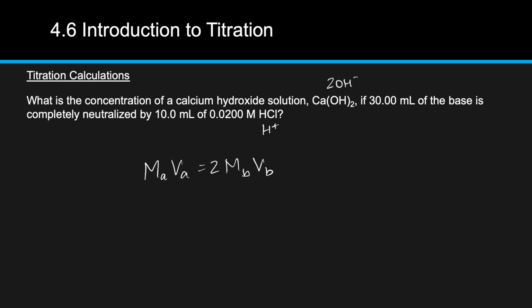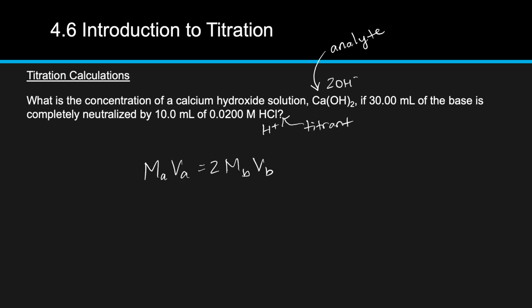So let's go ahead and figure out what we are actually doing in this titration. So our known concentration is HCl. So HCl is going to be our titrant in this situation, which is in the burette. And then calcium hydroxide is our analyte, which is in the Erlenmeyer flask.